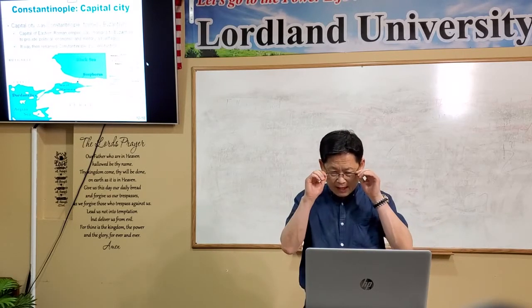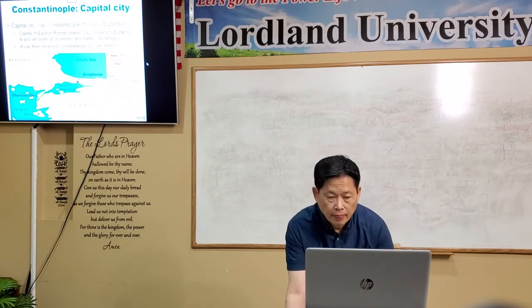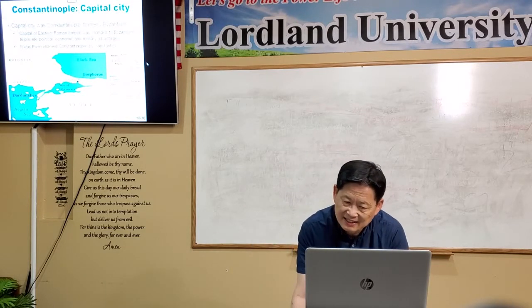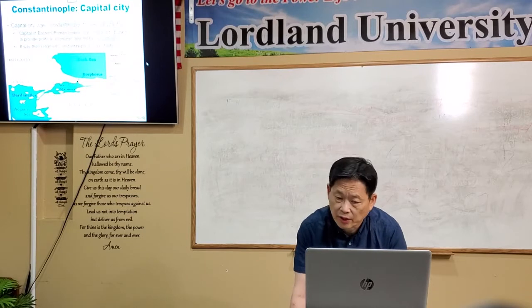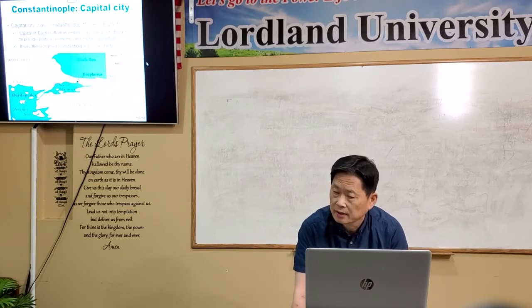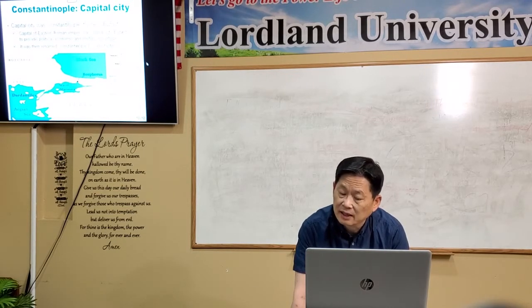Okay, one more time. The capital city was Constantinople, formerly Byzantium. The capital city of the Eastern Roman Empire was changed to Byzantium in order to provide political advantages, economic advantages, and military advantages.